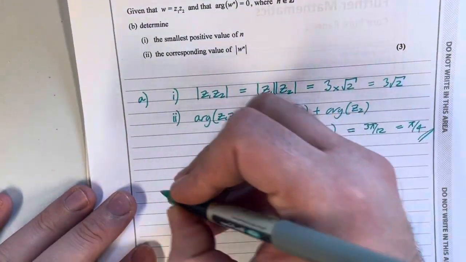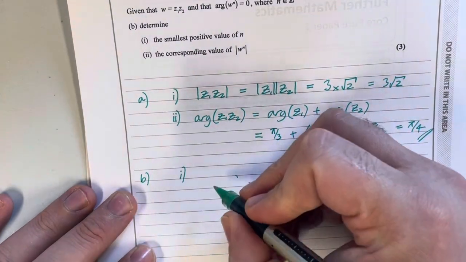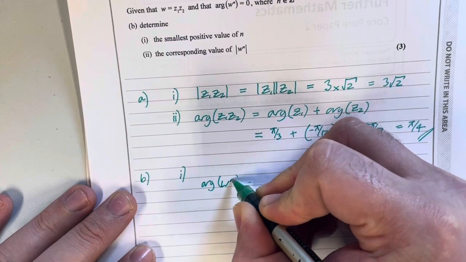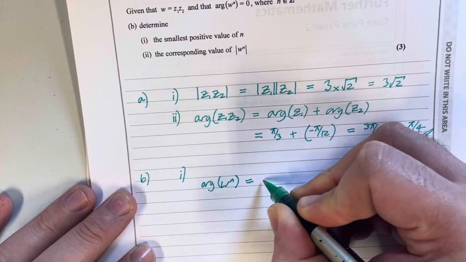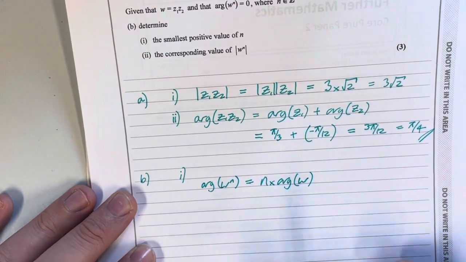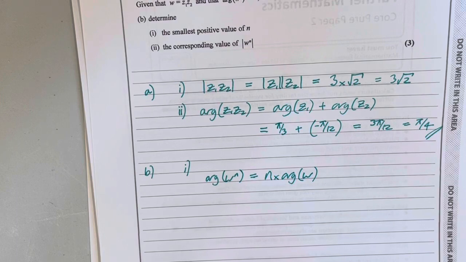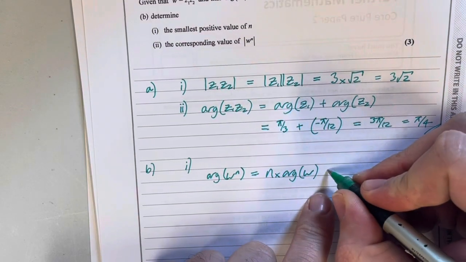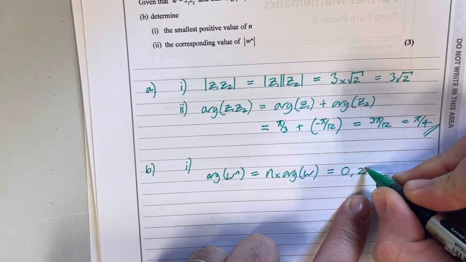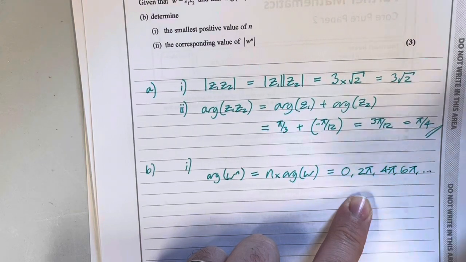So for part B, the argument of W to the n is going to equal n times the argument of W. Again, that's a fact you need to know when you're raising complex numbers to powers. And we want this to equal 0 or any multiple of 2 pi. So 2 pi, 4 pi, 6 pi, etc.